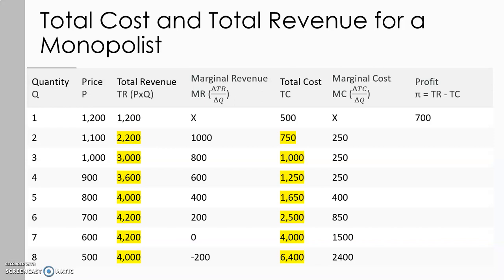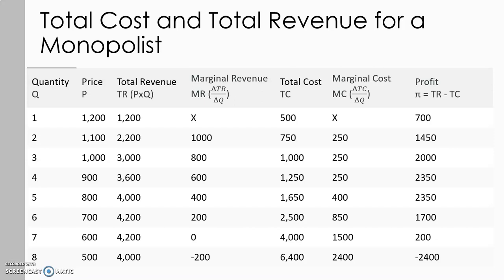We end up with 700, 1450, 2,000, 2350, 2350 again, 1,700. Oh, that's not good. 200. Oof. By the time we get to our eighth unit, we're losing money. Not just making less, we're actively losing money.